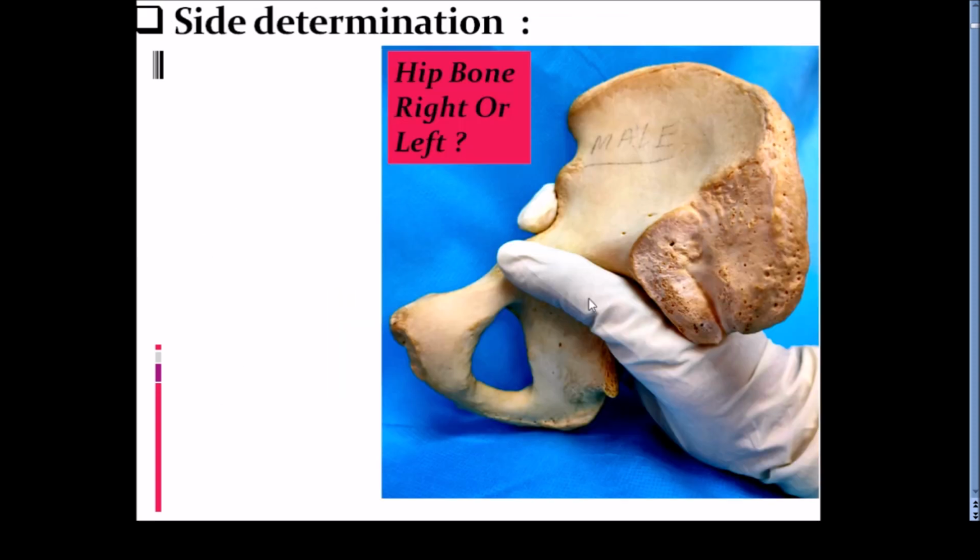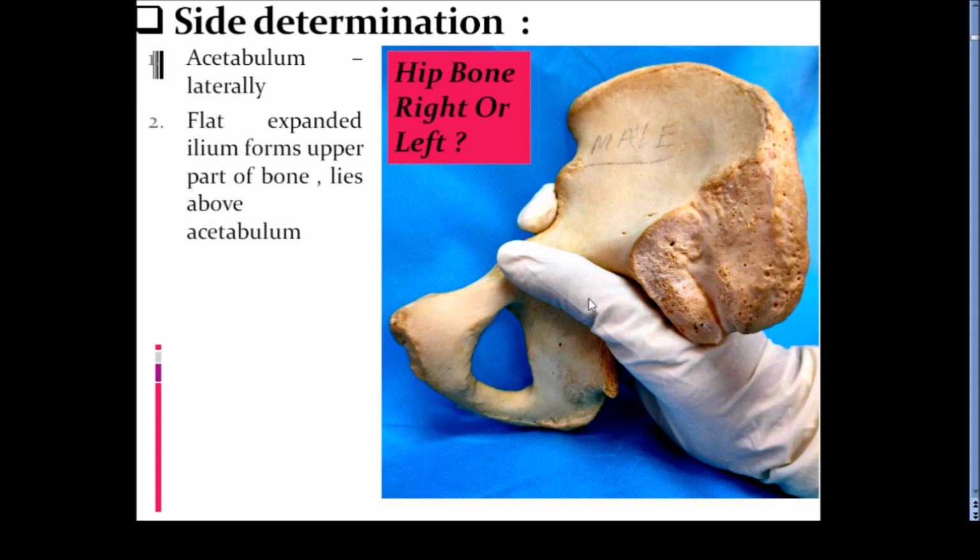Now how can we determine the side of a hip bone, whether it is of the right side or left side? For this, keep the hip bone in such a way that the acetabulum goes laterally. The flat expanded ilium forms the upper part of the bone and it lies above the acetabulum and goes upward.